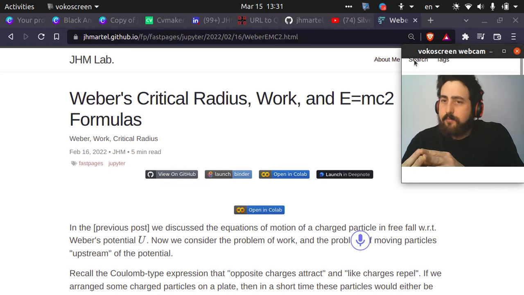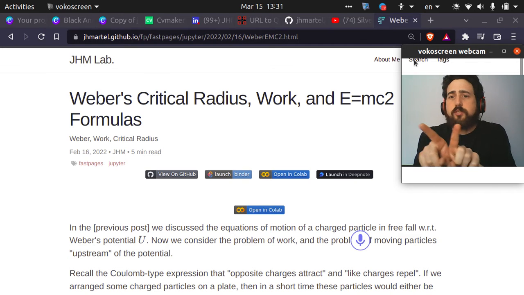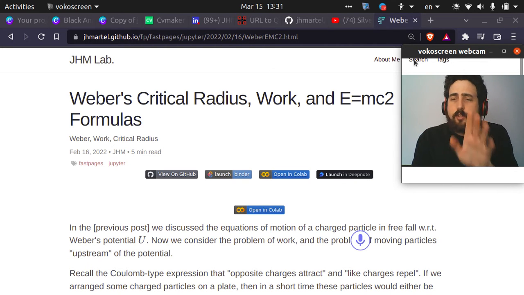And mass, if you know your history of physics, has two definitions. One is the inertial mass, especially in the kinetic energy, and the other is the gravitational mass.